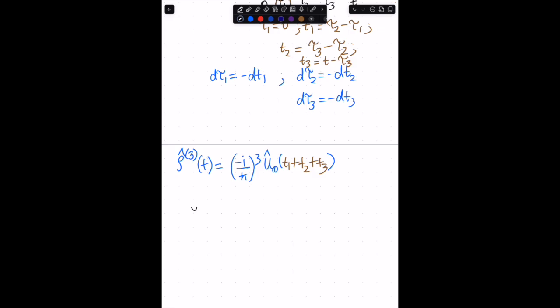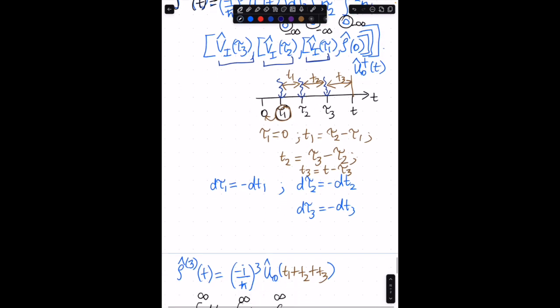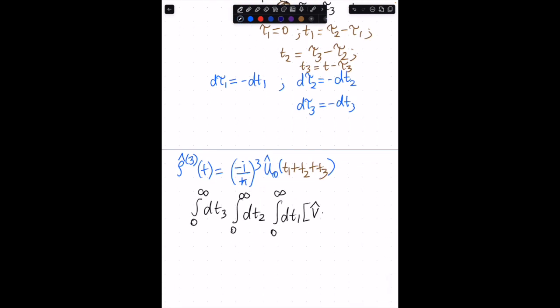So what we will get here is, from 0 to infinity, dt3, 0 to infinity, dt2, 0 to infinity, dt1, and then you have your perturbations in the interaction picture, which is V hat I at t2 plus t1, then V hat I at t1, then V hat I at 0, acting on rho 0.